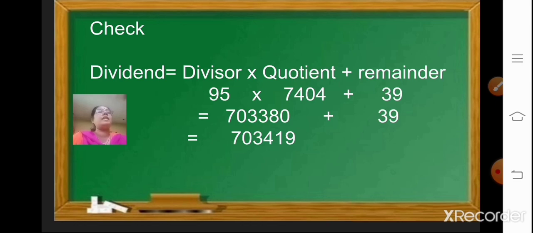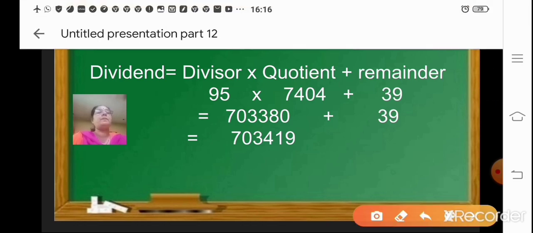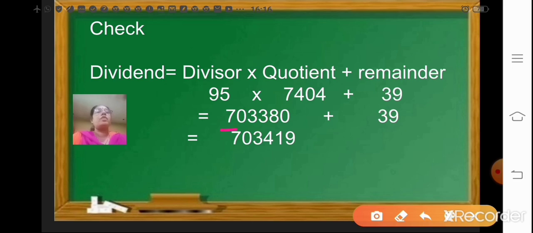When you multiply the divisor and the quotient, you got this answer, that is 7,03,380. To that you added your remainder, that is 39, and when you add that, you got the answer as your dividend. When you get the answer as your dividend, that means whatever division you have carried out is correct.